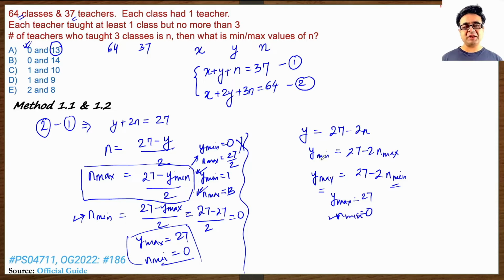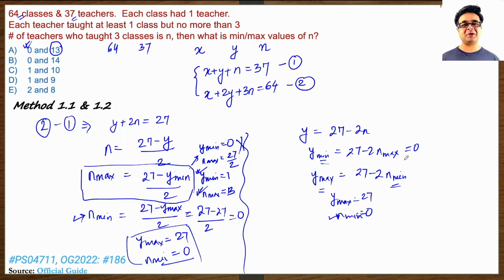And to find the minimum value of y, you can put y minimum equal to 0 and get n maximum as 27 by 2, which is not possible, and then try again with y minimum as 1 to get the maximum value of n as 13. You still get the same answer. What I wanted to demonstrate here is that no matter how you put the equation, if you are thinking through it logically, you will get the same answer.